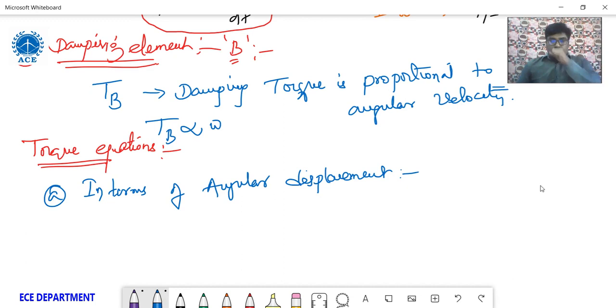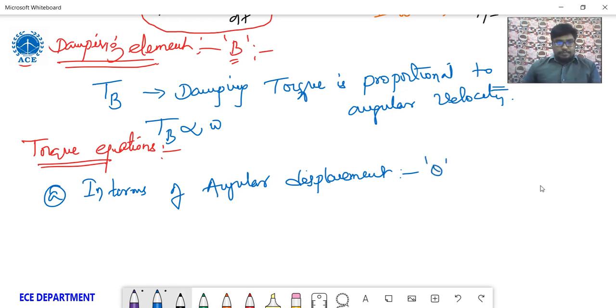Whatever frictions are applied to a rotational mechanical system, we already discussed in the translational one: static friction, viscous friction and Coulomb friction. All the terms will be applicable here also, the same, so I'm not discussing them again here.